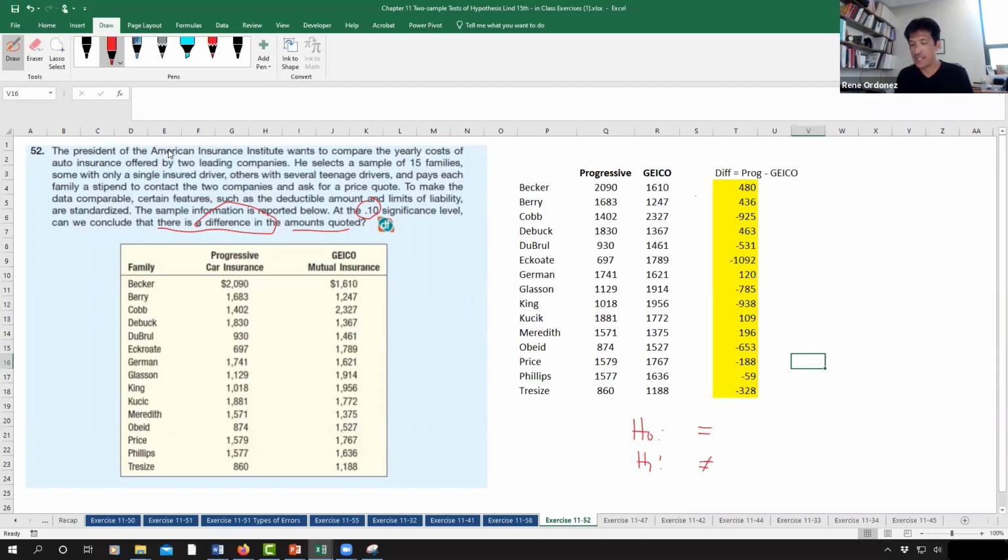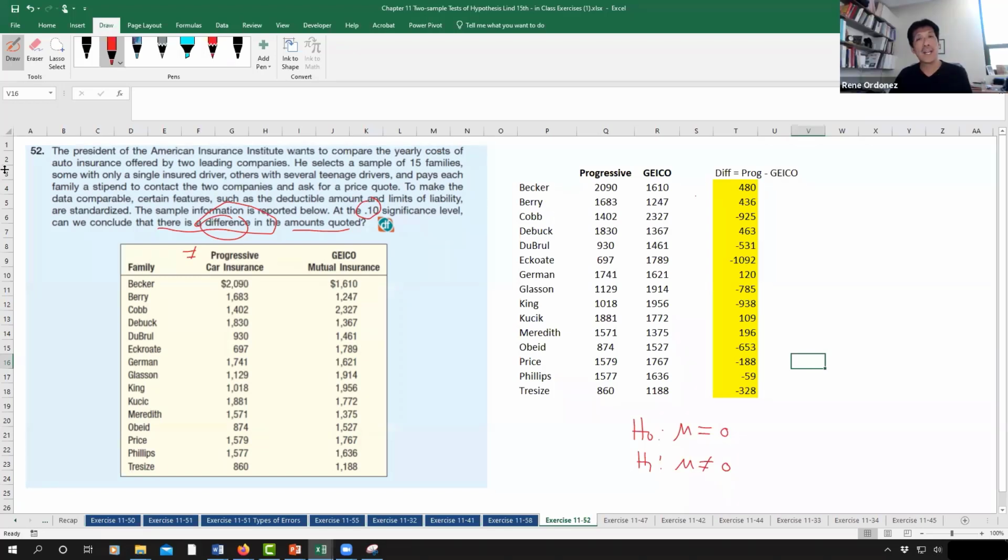Yeah, that's right. These are the two pairs of inequality because of this word difference here, which translates into not equal. This is good. But what's missing? Mu. Okay. How about the right-hand side? What's missing there? 0. Okay, good.